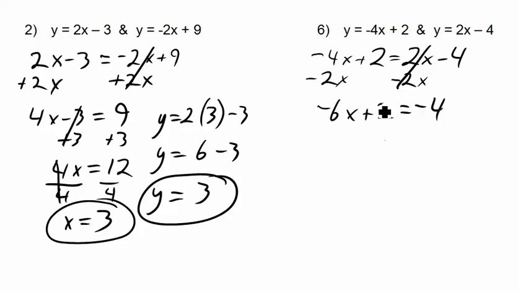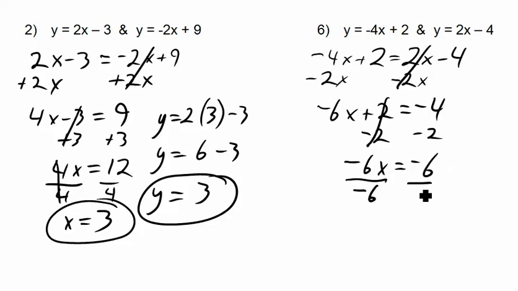I need all of my constants, or my not x's, on the other side. Minus 2, minus 2. Minus 6x equals minus 6. This is negative 6 times x, so the opposite of times is divide by the same thing. So x equals 1.